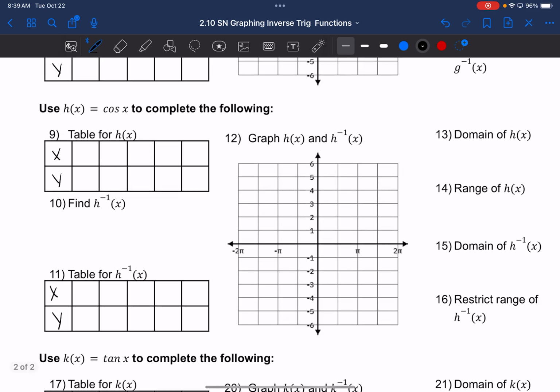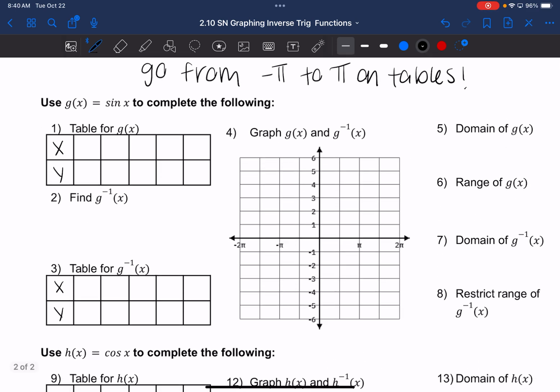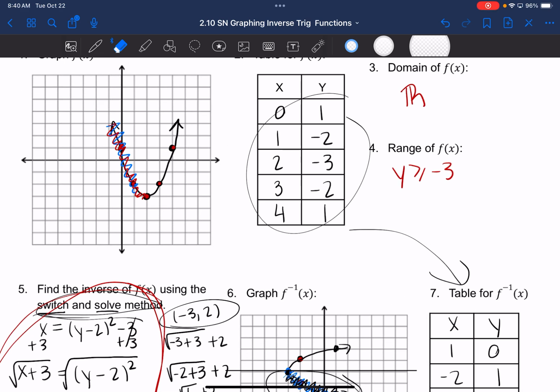Now, typically for the parent function of sine or cosine or tangent, we normally go from 0 until a cycle is complete, right? We start at 0, go to 2 pi for sine and cosine. For tangent, we start at 0, we go to pi. However, if I look back at the graph, did I start at 0 on this function and just graph this direction on the original?